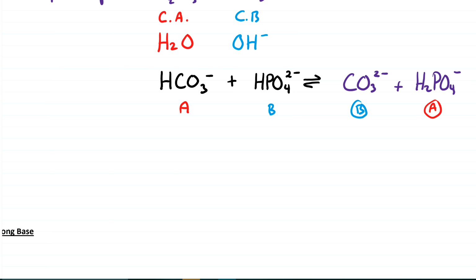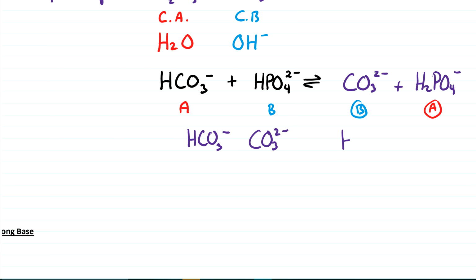So if the compound is an acid on the left side, it would have to have a conjugate base on the right side. So if we look at the conjugate acid-base pairs here, we know that HCO3 minus would be the conjugate acid and would have a conjugate base of CO3 2 minus.